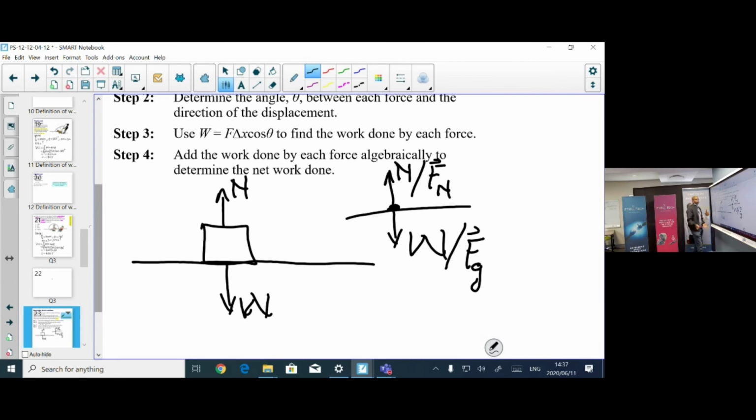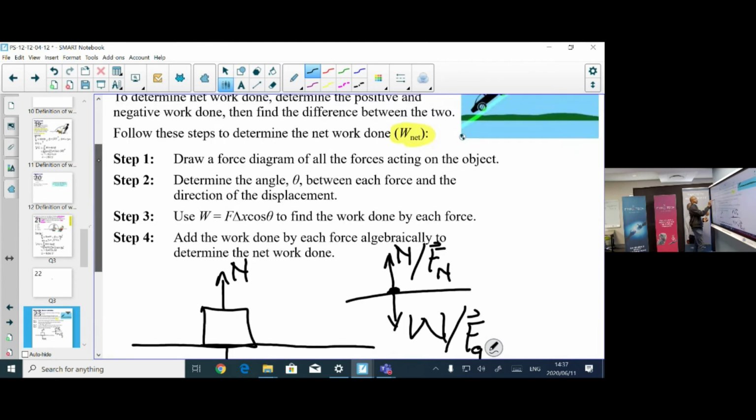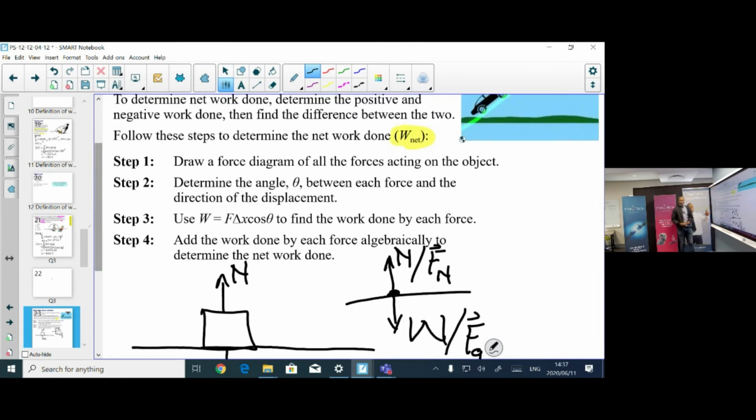Some of the textbooks use N, some of the textbooks use F sub of N. It's still okay. Others use W. Don't say, my textbook, we don't have N, I don't have Fn, I don't have W, I have F of G. It's the same. Okay. That shows all the forces we have on the horizontal.